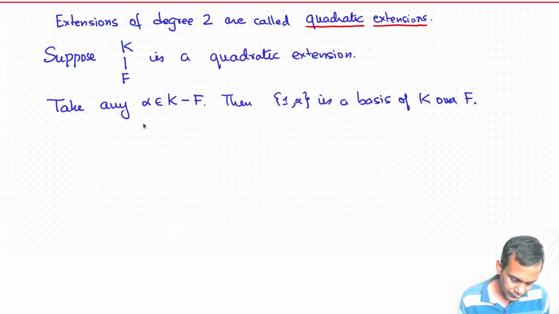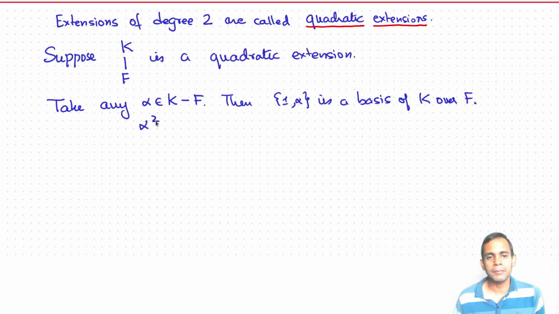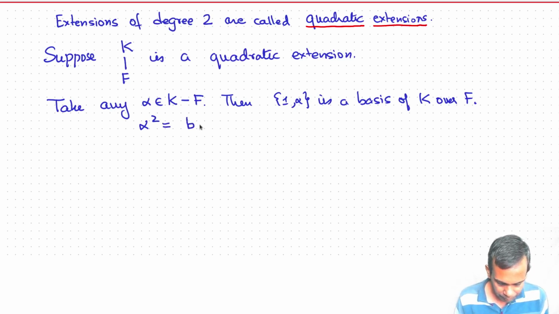And so what we know is that alpha squared must be a linear combination of 1 and alpha. So I can write alpha squared as p alpha plus c, but just for what is about to come, I'll write it as minus b alpha minus c.